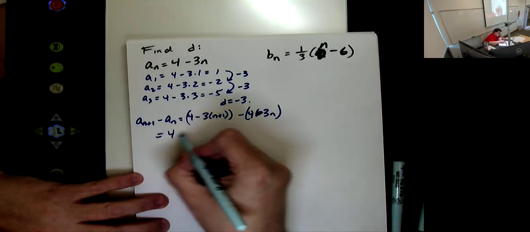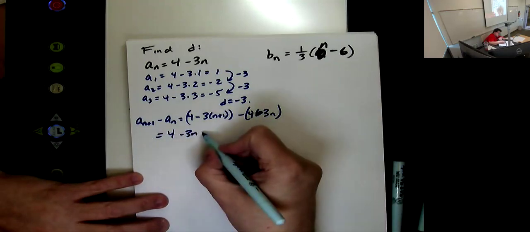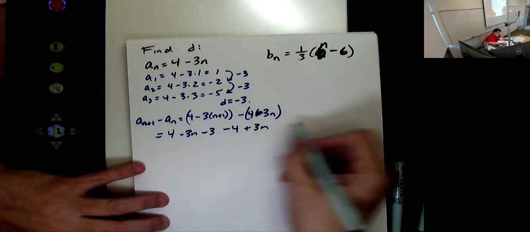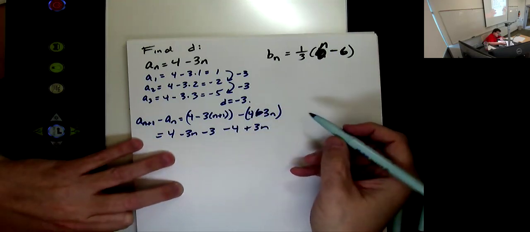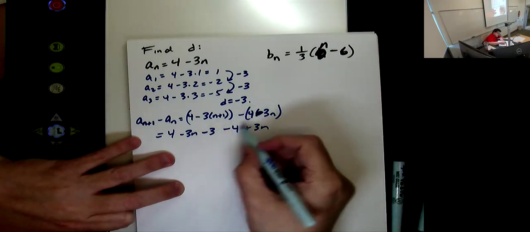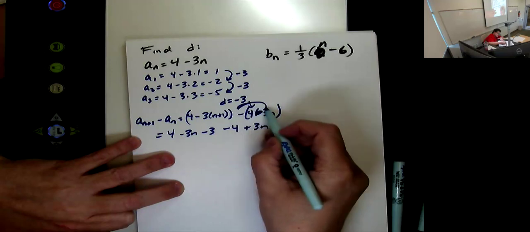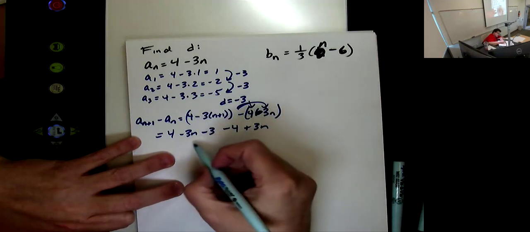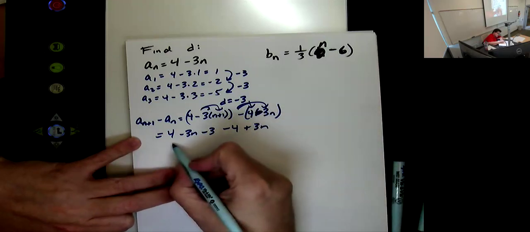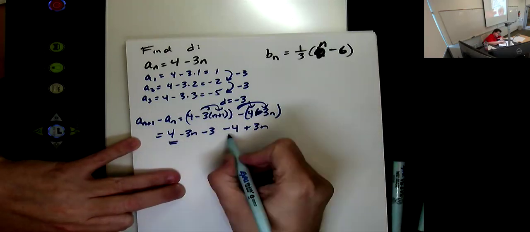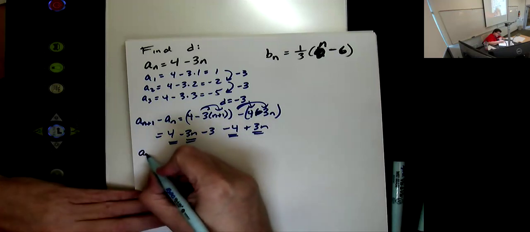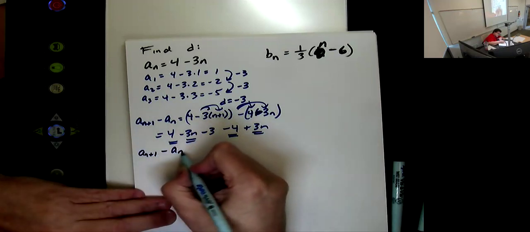This is 4 minus 3n minus 3, and then minus 4 plus 3n when I distribute. You got to distribute the negative to both. And here I distribute the negative 3 to both. And when I clean this up, that cancels, that cancels, and I'm left with a sub n plus 1 minus a sub n equals negative 3.